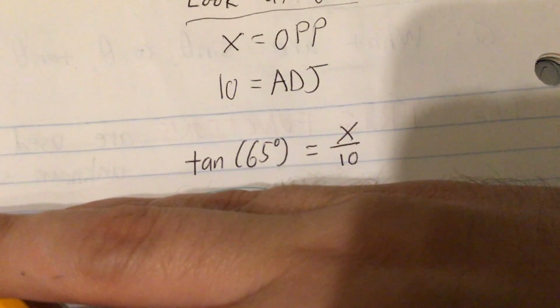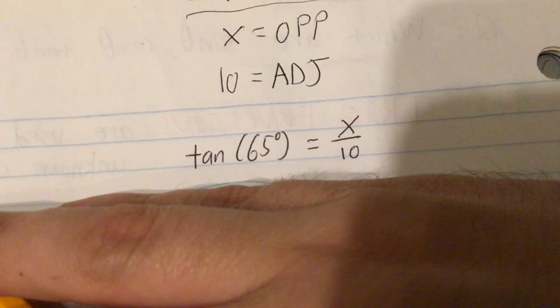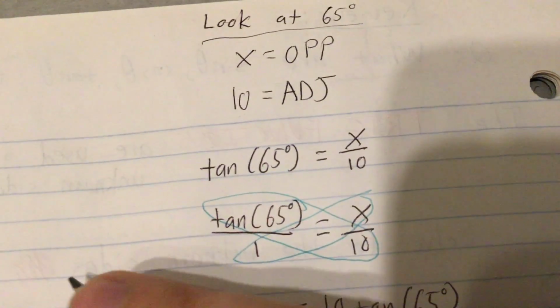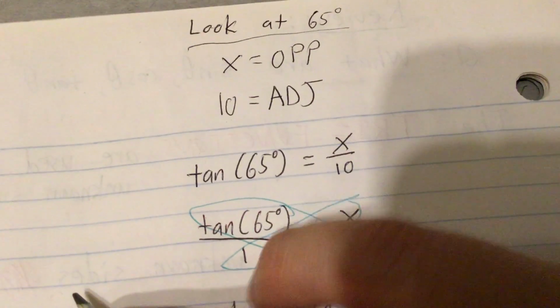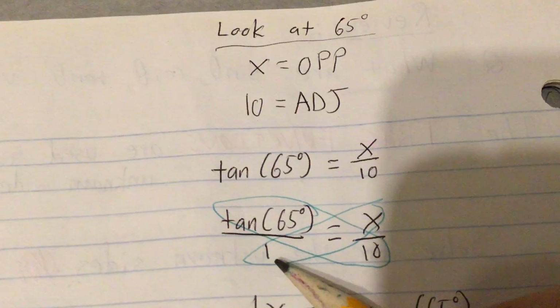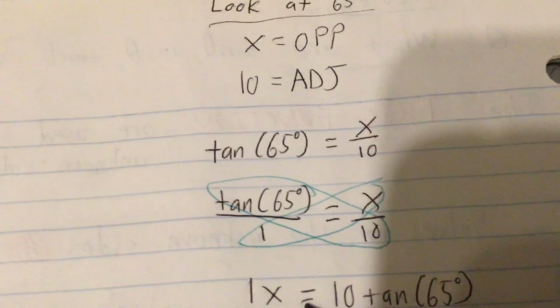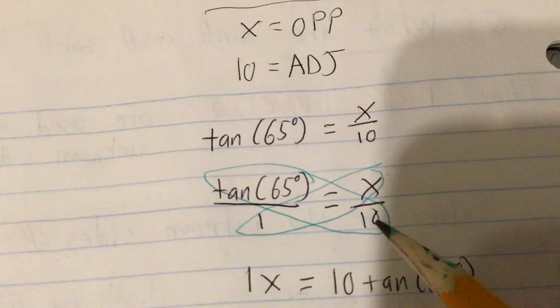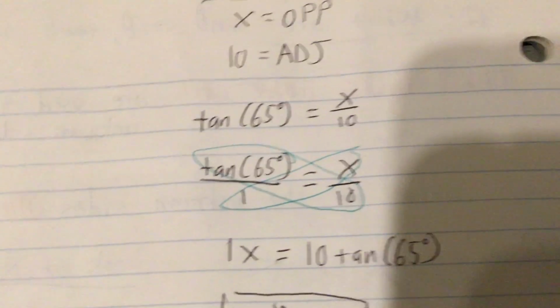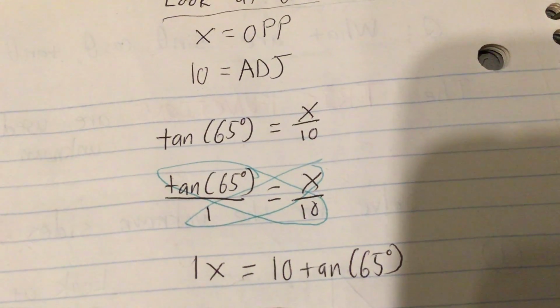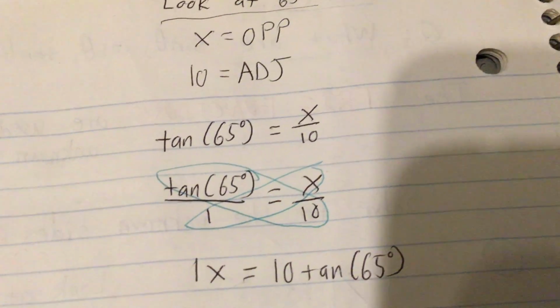Then I could just make this ratio over 1. The tangent of 65 degrees over 1 is proportional to x over 10. I'm going to cross multiply and basically do 1 times x, thank goodness, I don't have to do a lot of algebra, is equal to 10 times the tangent of 65 degrees. Then I get my calculator, because 1 times x is x.